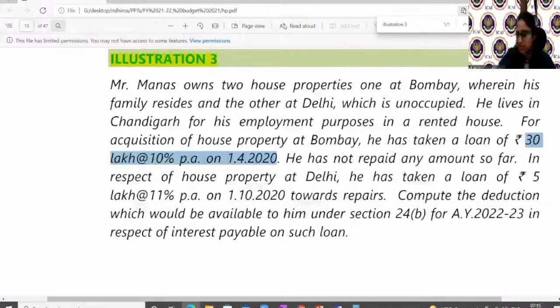What does illustration 6 say? Sonal, I'll take your question also. Just first we'll take illustration 6.